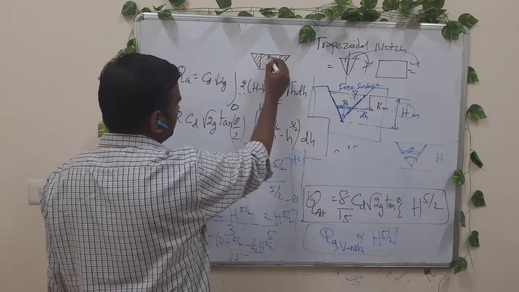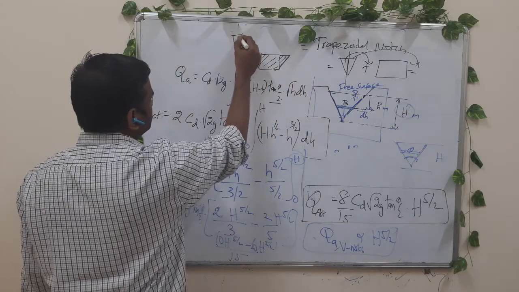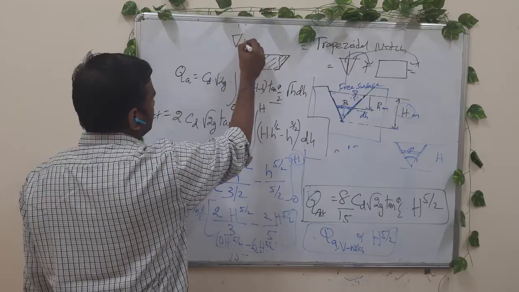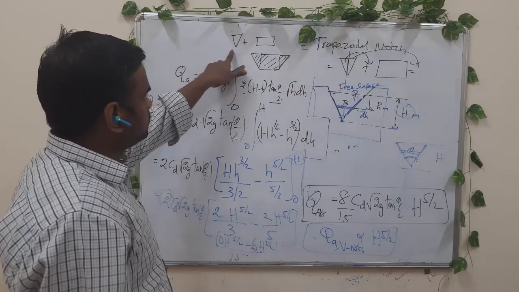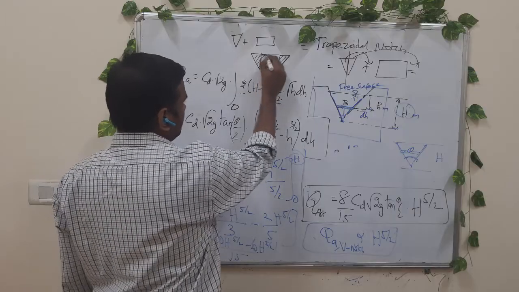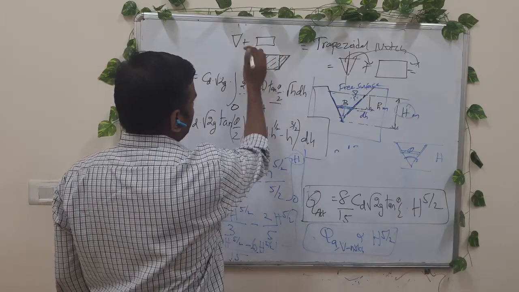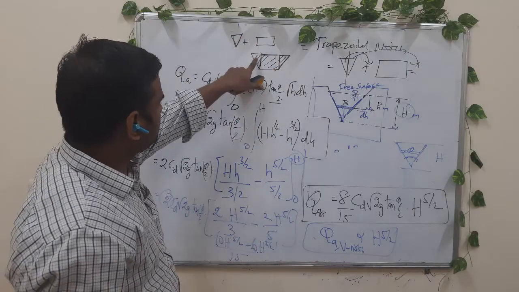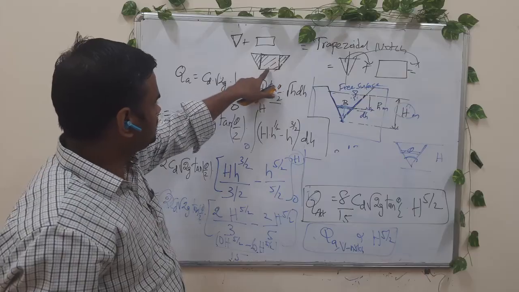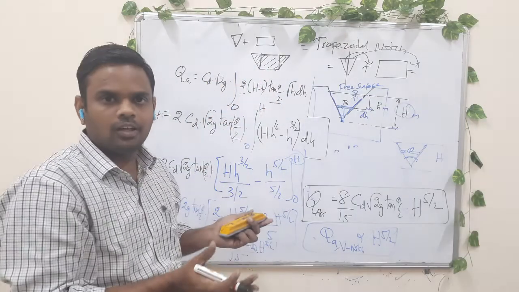So a trapezoidal notch is effectively a summation of a triangular notch plus a rectangular notch. Whatever is the discharge through the rectangular shaped opening, if you remove that rectangular shape, you have a V notch, a triangular shaped opening. So the discharge through this triangle plus this rectangle gives the discharge through the trapezoidal notch.